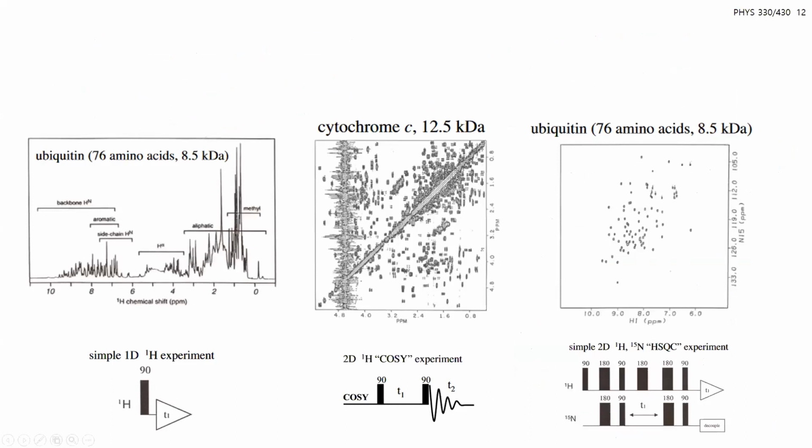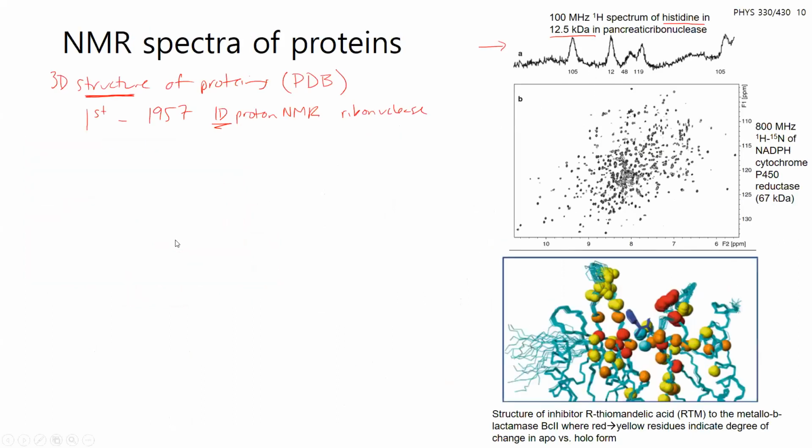If you take and look at the protons in an entire protein, it's quite messy and it's hard to identify what's going on here. So while this was measured in 1957, it didn't really become a routine technique to look at proteins until later, when there were instrumental improvements.